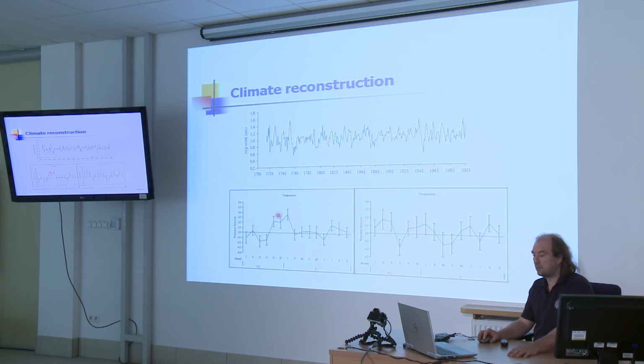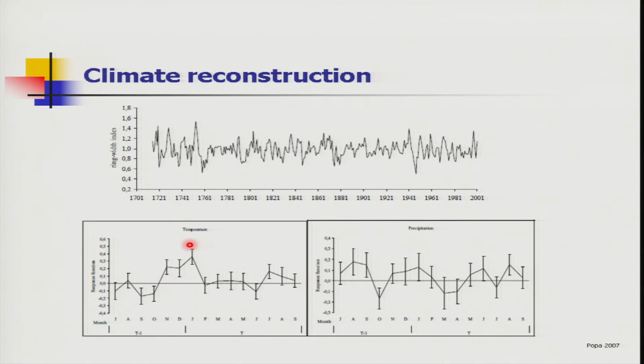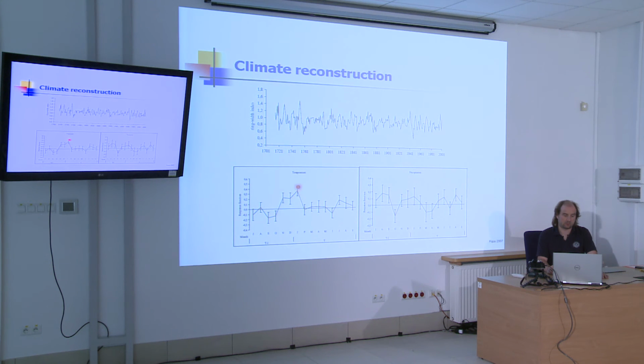So we correlate climatic variables, temperature and precipitation, with our tree ring records. And we search for the significant coefficients. In that case, they decided to reconstruct winter temperature here, starting from November, the year previous to the ring formation, ending in January of the ring formation.